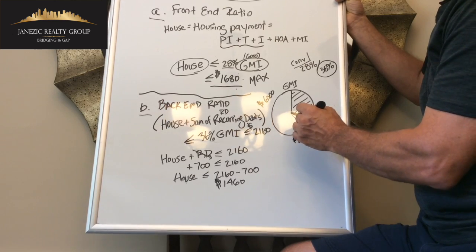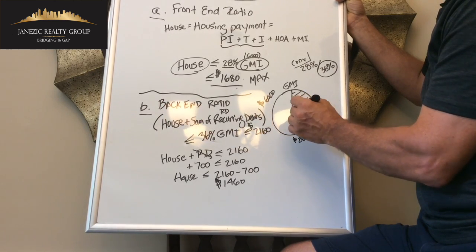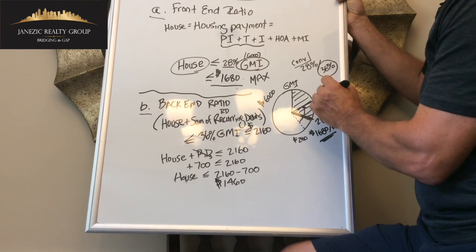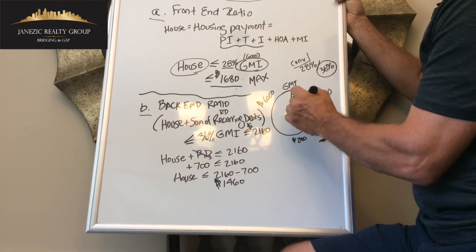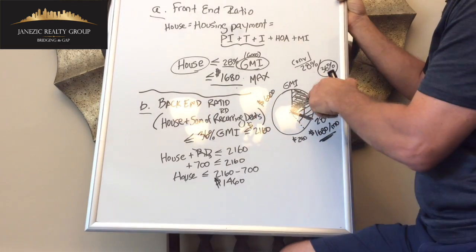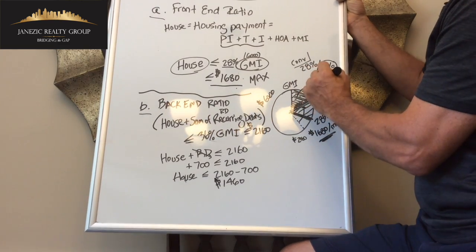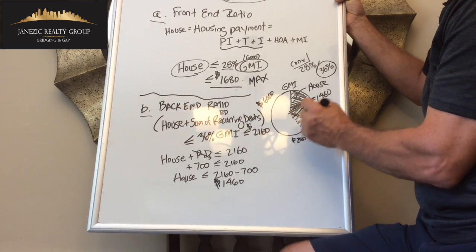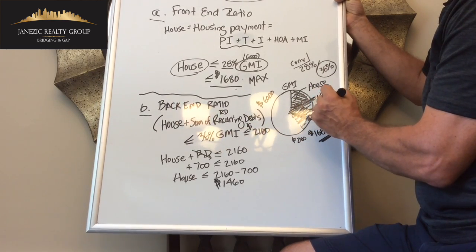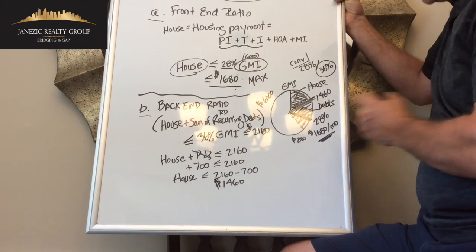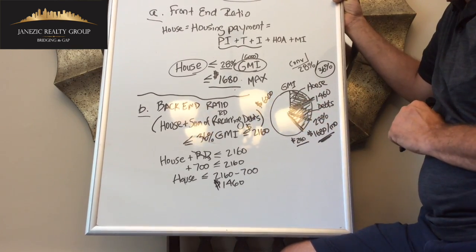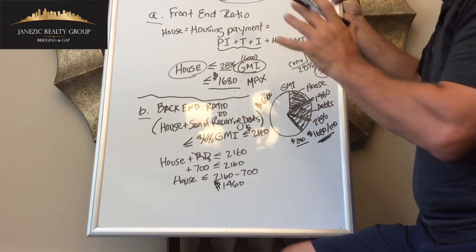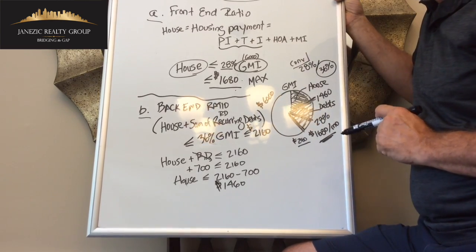Well, $2,160 minus $700 puts me at $1,460. This is the maximum we can leave for house because of these debts of $700, and the sum of them has to stay less than $2,160. So that's the qualification ratio problem.